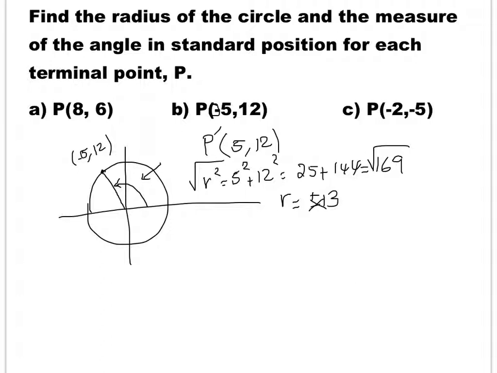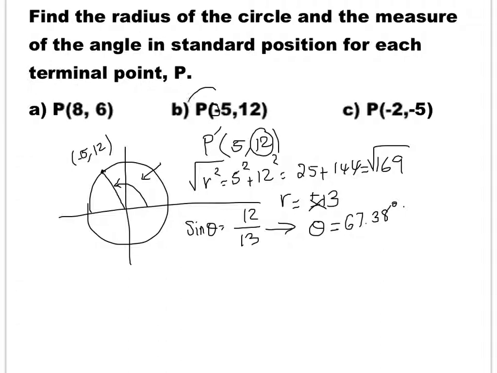But remember, for P prime, I'm using the positive x and y. So I'm going to say sine theta is 12 over 13. Remember, sine is y over r. Y is 12. Now, if you use your calculator, what is theta here? If you use the inverse sine, you get angle theta is 67.38 degrees.